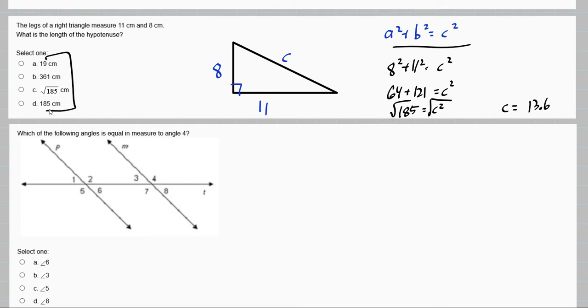And we look over here, and none of these say 13.6. But one of them does. One of them says root 185. That's 13.6. Good enough. So not written in the most obvious way, but there it is.